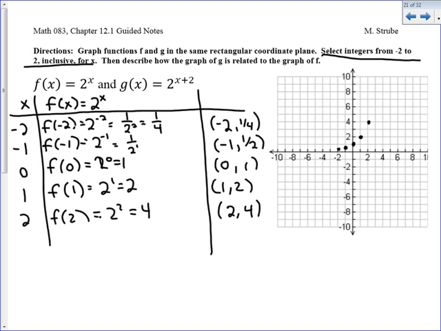So we can see our curve start to come out. Again, if you plot that extra point, if you plot 3, 8, you'll get a better idea of where this is going up. What number does this graph level out at? 0. So there's no big number added to the end, so it levels out at 0, which is the x-axis.